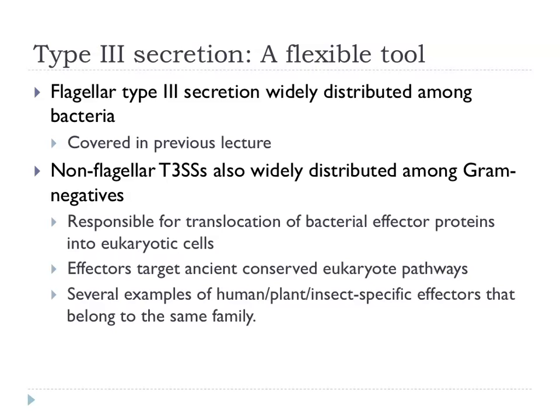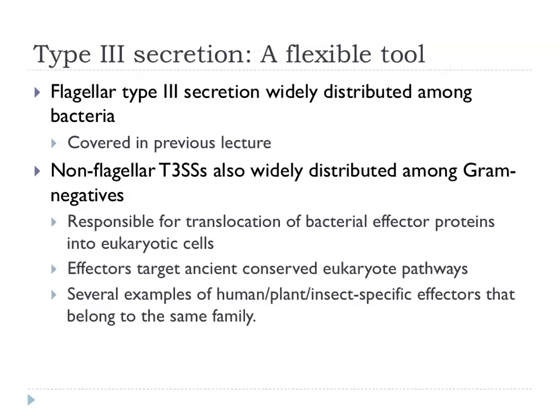These non-flagellar type 3 secretion systems, the target of today's lecture, are widely distributed among gram-negative bacteria. We don't ever see them in gram-positives, unlike the flagellar systems. They're responsible for the translocation of what we call bacterial effector proteins into eukaryotic cells, so they have a very particular function.